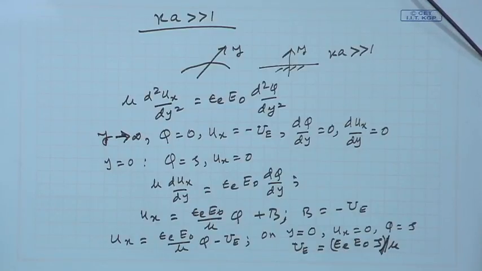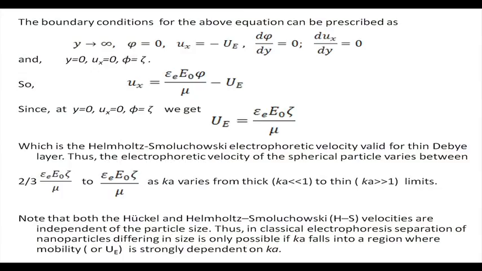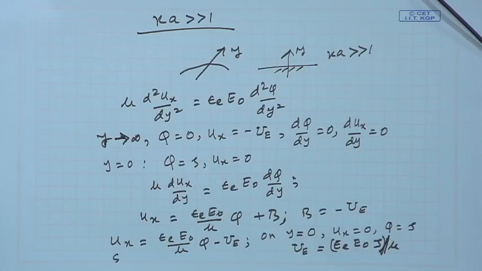So, epsilon e0 zeta by mu, which is the Smoluchowski velocity, is the usual electroosmotic velocity when a thin double layer is formed.